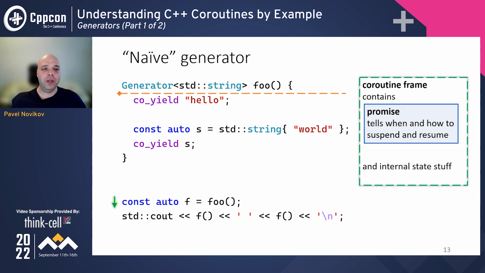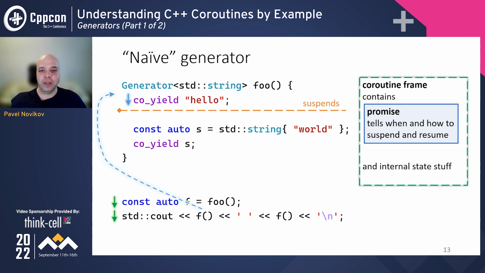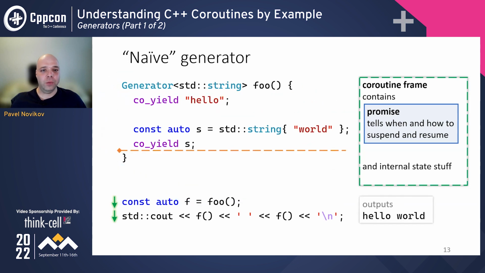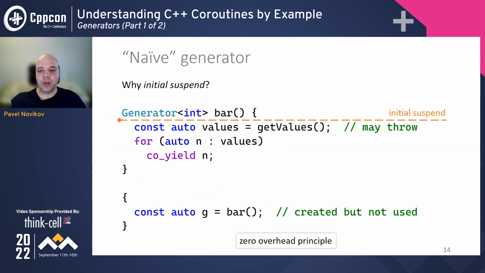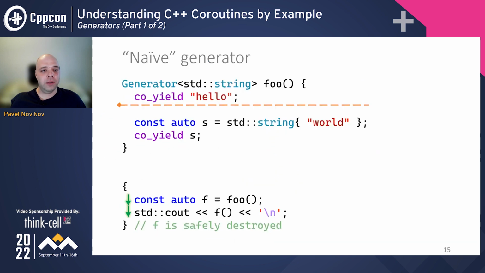So if before co_yield, in this case, there is some code, it will not be executed. The coroutine will suspend, in our case, at the initial suspend point before executing anything in the body of the coroutine. I hope I answered it. So let's go back to our slide 15.